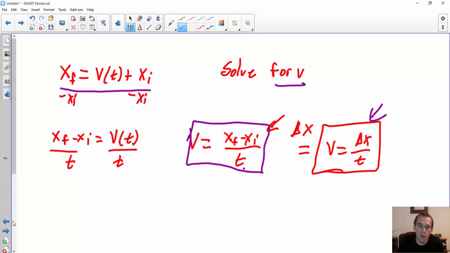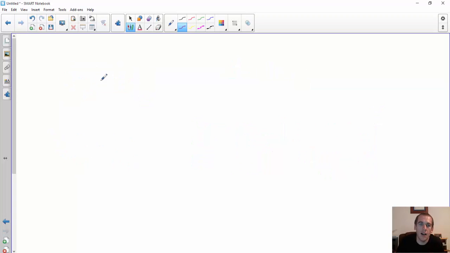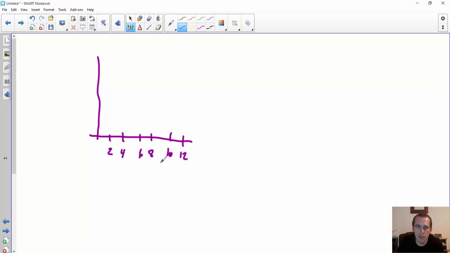So if we had a problem where I wanted you to graph something or predict where something was going to be, let's say I give you this problem. Here's an object, and I'm going to scale the time axis in minutes: 2 minutes, 4, 6, 8, 10, 12 minutes.